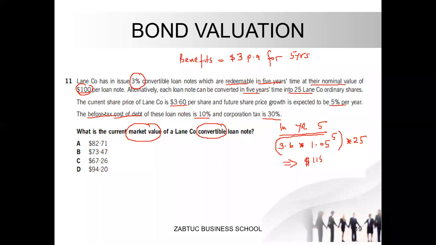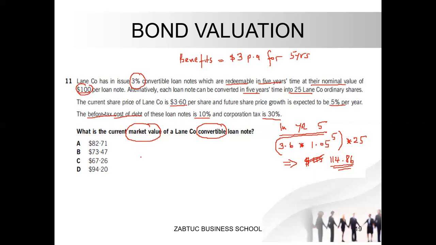It's actually 114.86. So what we expect is that in year 5, the investor is going to convert. Now, let us conclude our work.